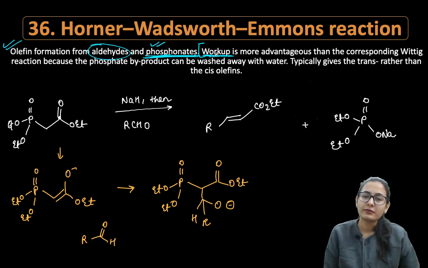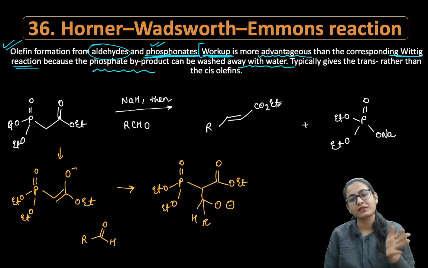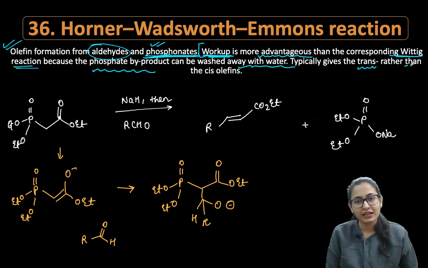And what is the important thing about this reaction? The aqueous workup that we do after the reaction, it is more advantageous than the corresponding Wittig reaction, because the phosphonate byproduct can be washed away with water because it is water soluble. Typically it gives the trans alkene rather than the cis olefin.